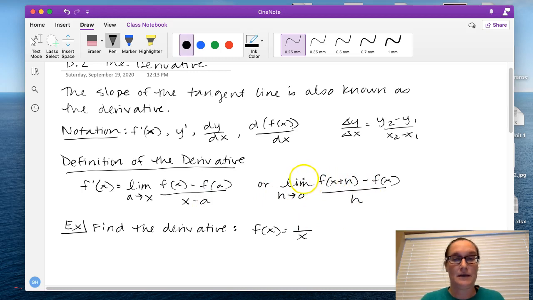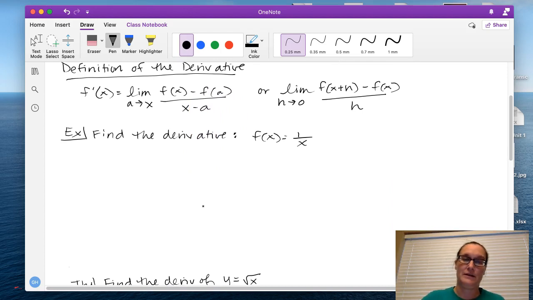I think I said last time, you can do h's, you can do a's and x's. It doesn't matter. The difference between them typically is this one you factor, this one you FOIL. They do the same thing. I don't care which one you use. The AP exam doesn't care which one you use. However, you do have to recognize both of them, and we'll do a little exercise on that down at the bottom.